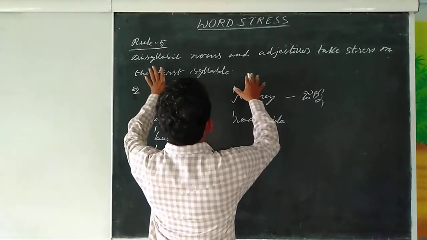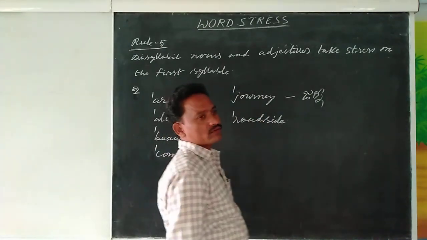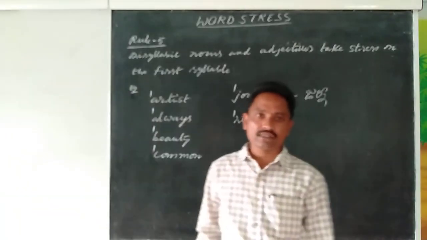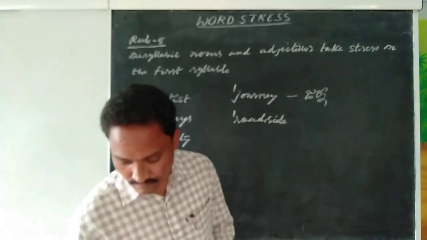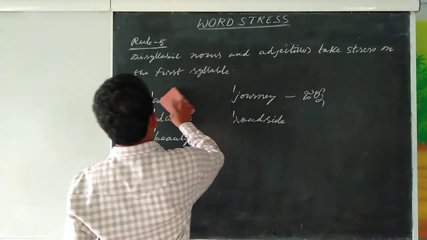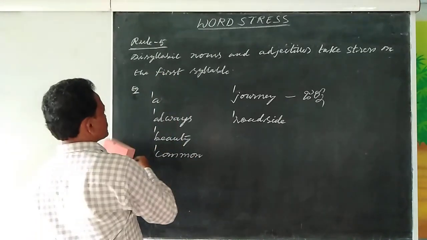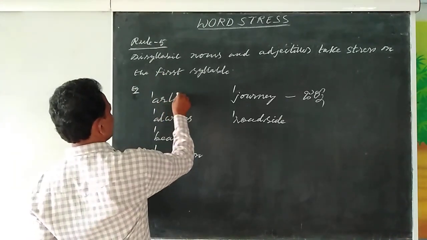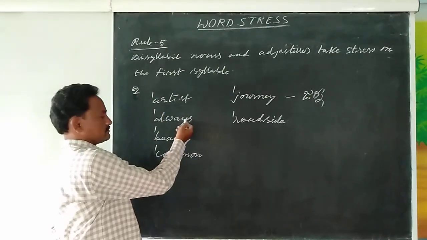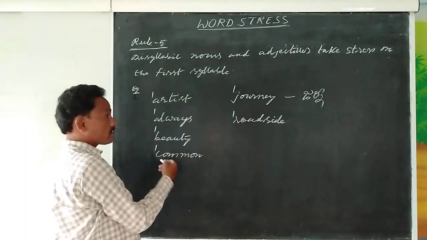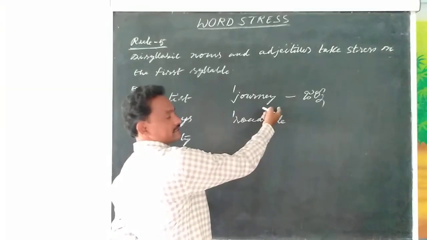These are all nouns and adjectives. They are disyllabic words. In this case, stress is on first syllable. Once again, artist. Always. Beauty. Common. Journey.